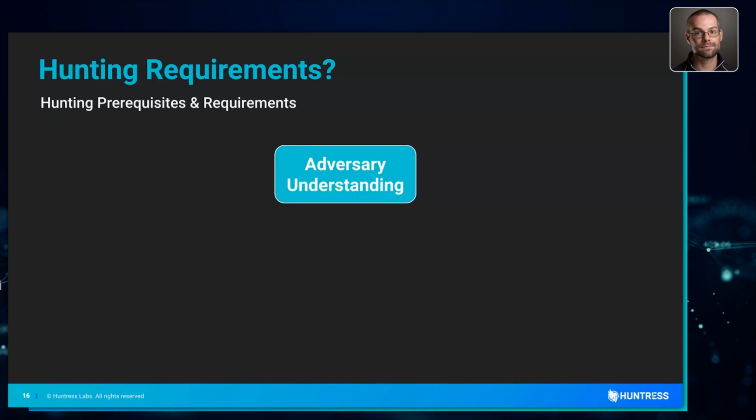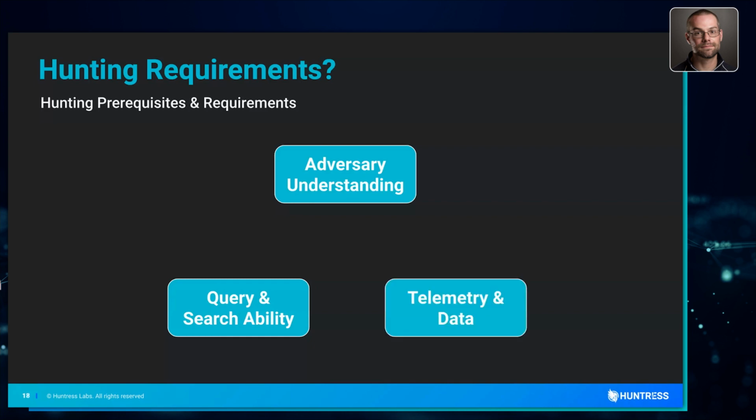But we don't stop there. We also need to understand the query and search ability that's available to us within the data sources that are available so that we can go look for what artifacts are left behind by given adversaries, and then marry that to our telemetry and data sources that we interact with.